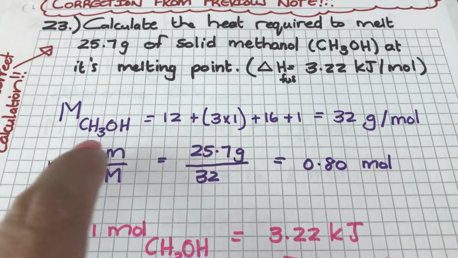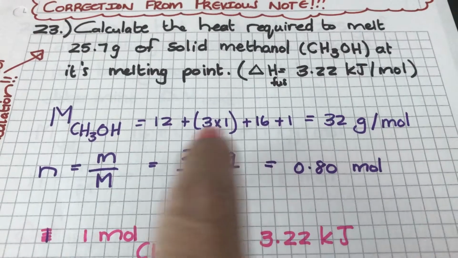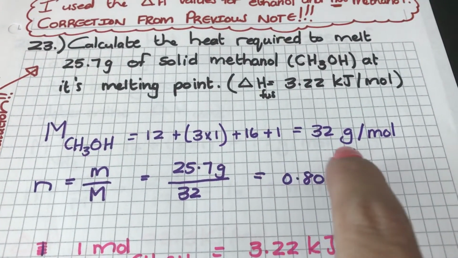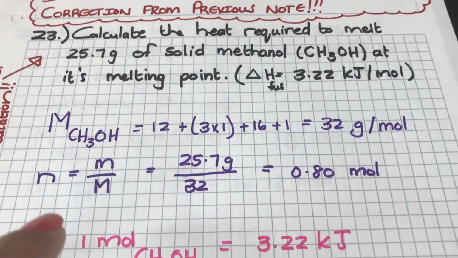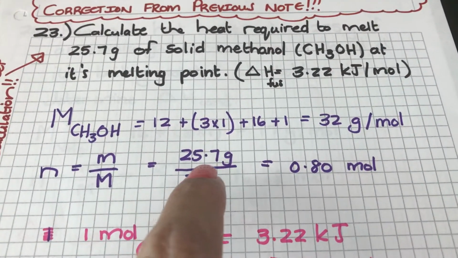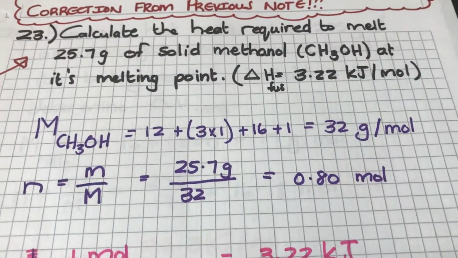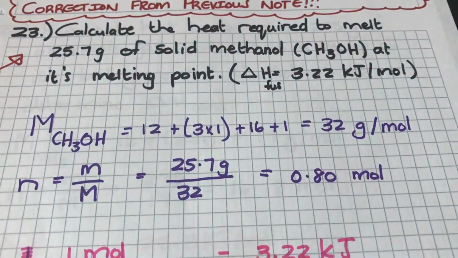Carbon is 12. I have 3 times the hydrogen, 3 times 1. Oxygen is 16, plus that extra hydrogen 1 gives me 32 grams per mole. So the number of moles is my mass divided by my molar mass. 25.7 divided by 32 gives me 0.80 moles. So now I know how many moles of methanol I have.